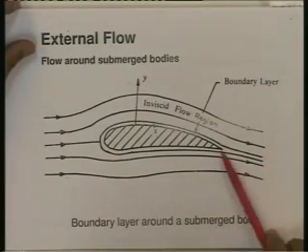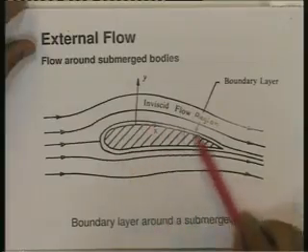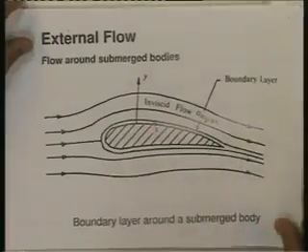Here I have shown a boundary layer around an airfoil, but there are other situations where you will come across boundary layers of different kinds. One situation is that of a thin flat plate.